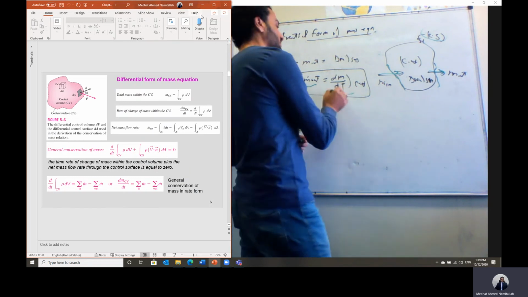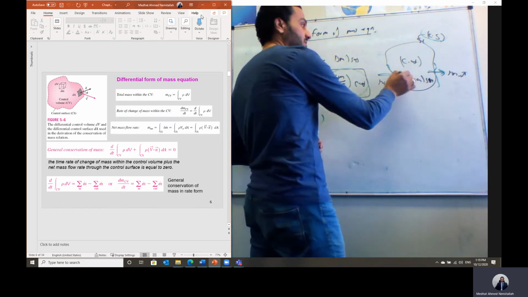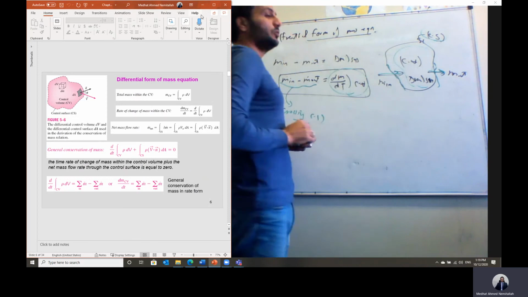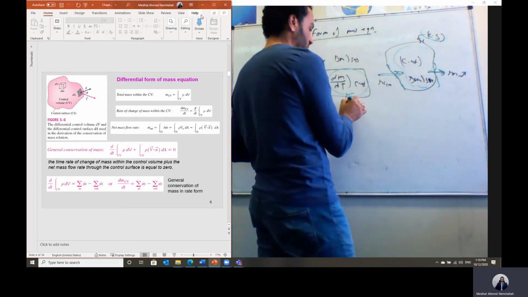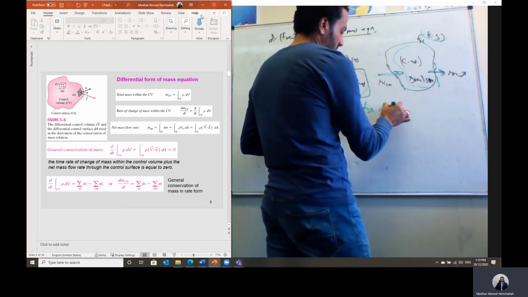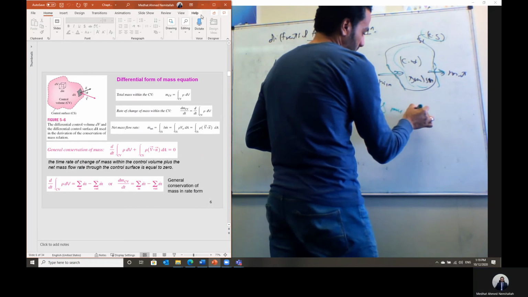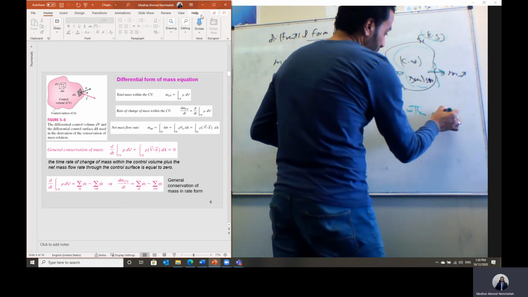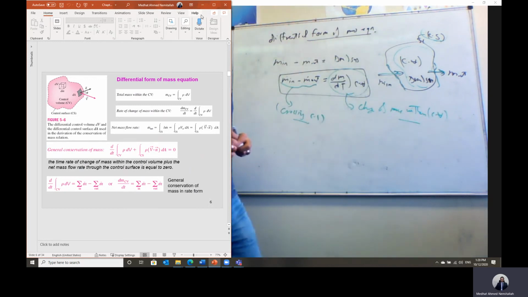But what about the term dm/dt? This is the change of mass within the control volume itself, or inside the system itself. This form we call the integral form of the mass equation.